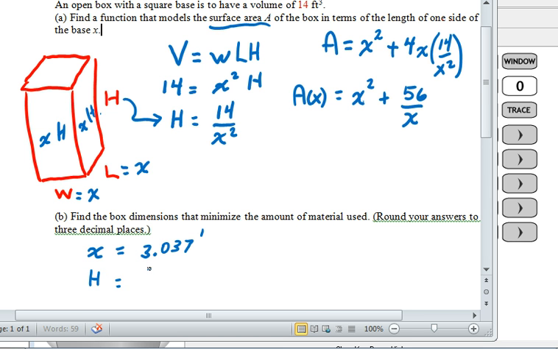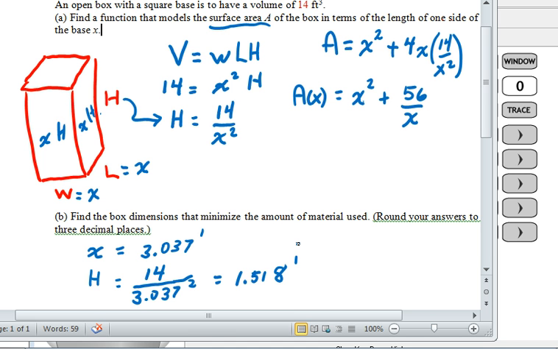which is 14 over x squared, or 14 over 3.037 squared. And correct to 3 decimal places, this is 1.518 feet.